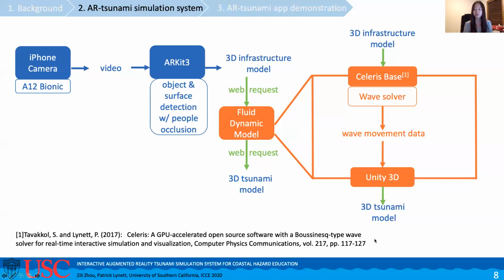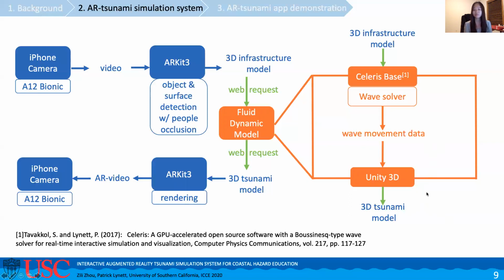So after getting the wave movement data from Celeris, we use Unity 3D, the software platform, to visualize our 3D tsunami model. And finally, the tsunami model will be transferred back to a class in ARKit 3 to generate a rendering effect on your iPhone screen. And then you will be able to see the tsunami on your iPhone.